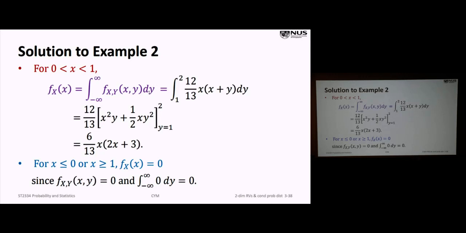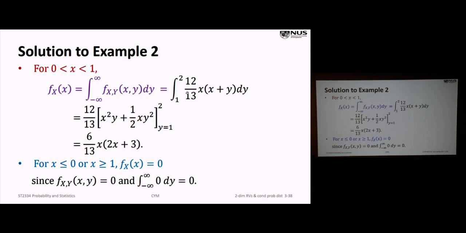Now, this joint PDF is only non-zero if y is in the interval 1, 2. So this integral is the same as integrating between 1 and 2 of the joint PDF with respect to y. Life is relatively straightforward because I'm just integrating with respect to y, taking x constant.